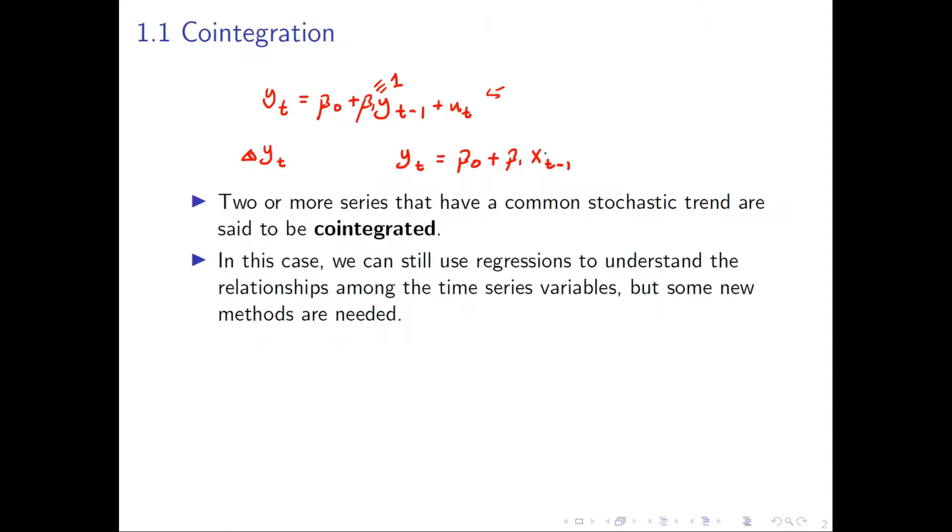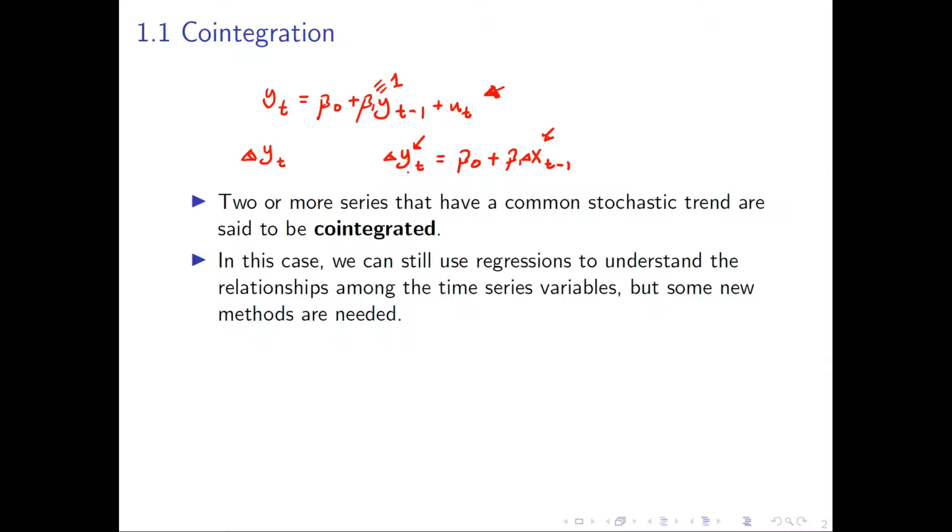So this is a distributed lag model, and the model up here is an autoregressive model. So what if both these variables they have stochastic trends? What you could do, if they do not share the same stochastic trend, you could just take the difference of these two variables, and you can work with these stationary time series.